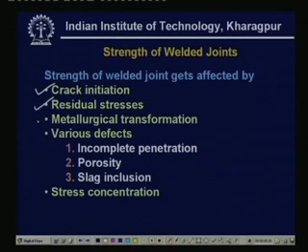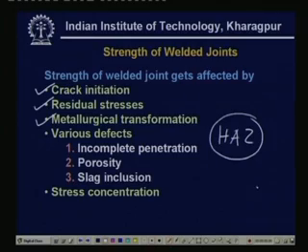Then metallurgical transformation may take place near the heat affected zone. The grain size becomes coarser because of the heating, and that makes the strength low. So the strength gets affected in the heat affected zone due to the metallurgical transformations.